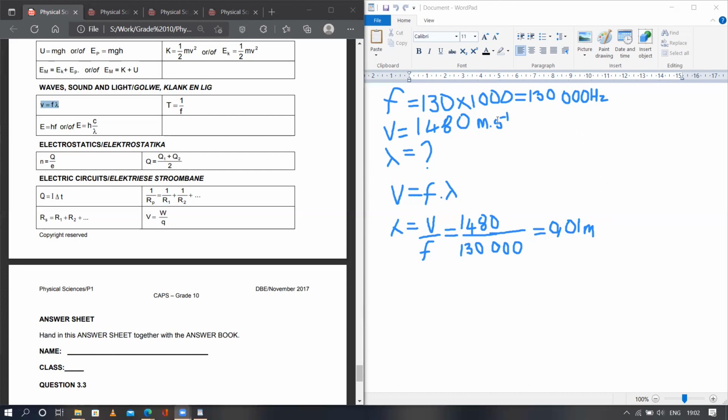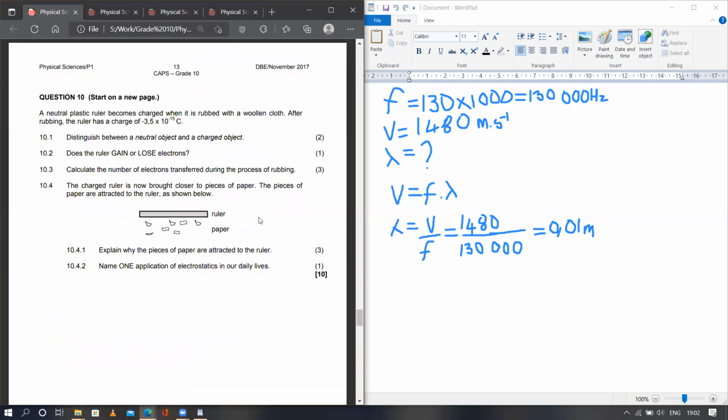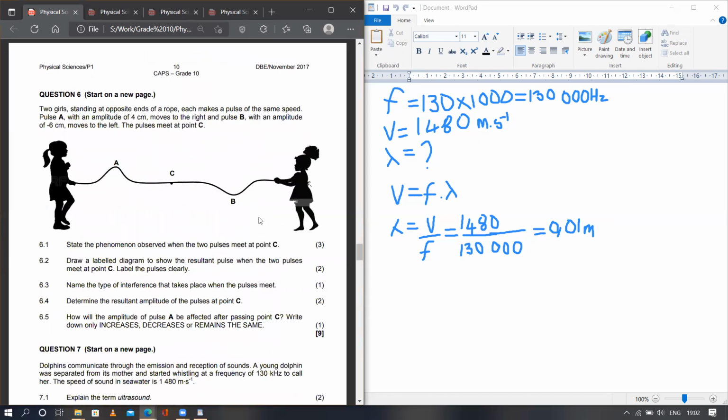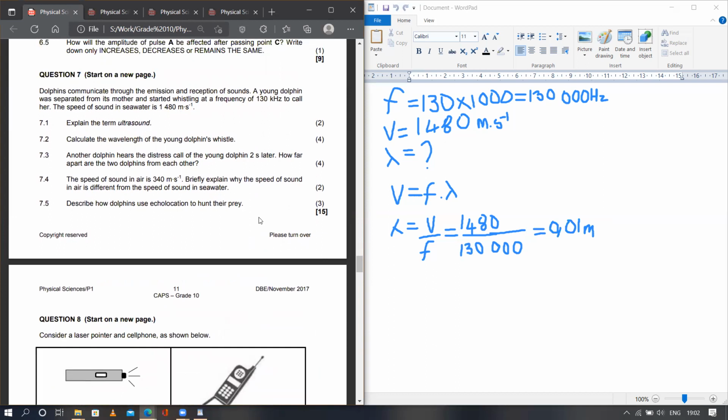Your velocity is in meters per second and your frequency is in per second, so the per seconds cancel each other out and you're left with meters. So your wavelength is 0.01 meters or 1 times 10 to the exponent -2 meters.